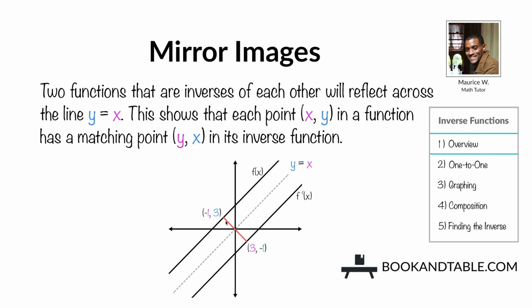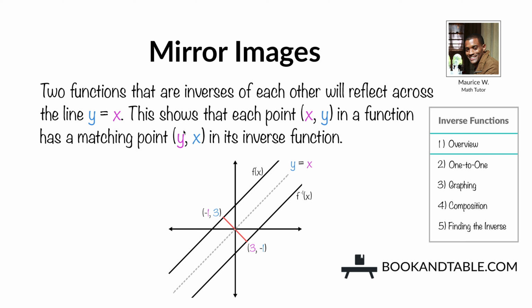So let's say there is a point along f of x, negative 1, 3. That means on the inverse function, there is a point that exists where you reverse these 2 points. So we go from xy to now the point on the inverse function.